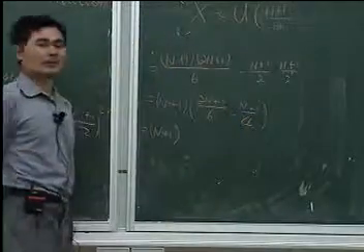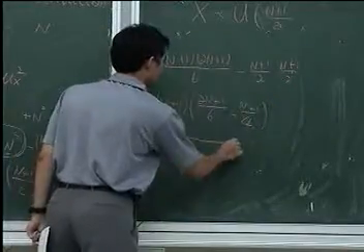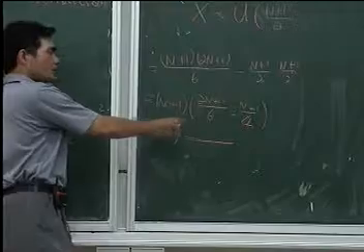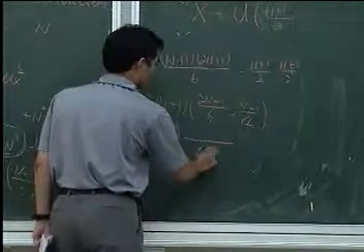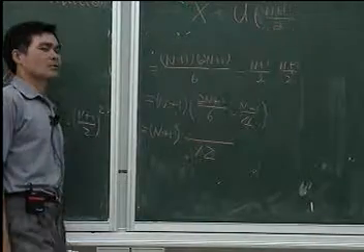It should be 4. And the common factor here will be 12, the least common multiple.